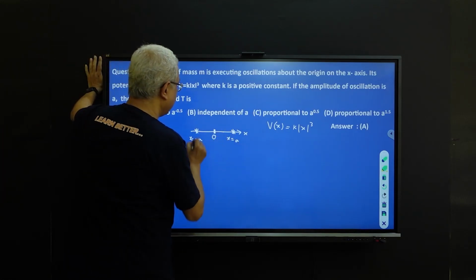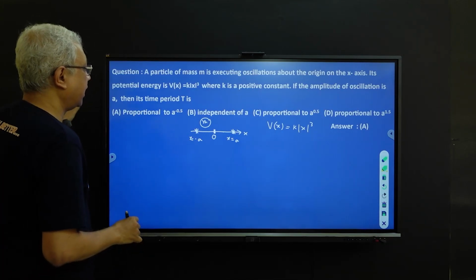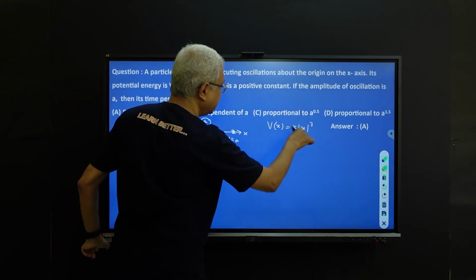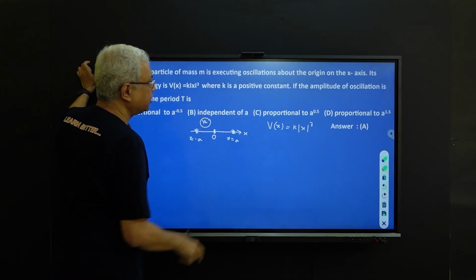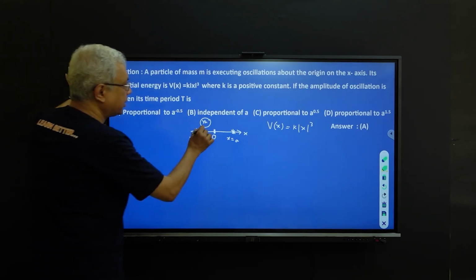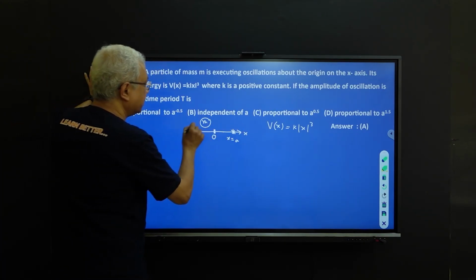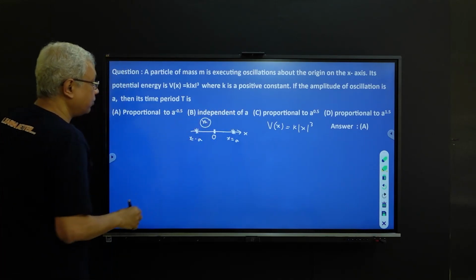Then the mass of the particle is m, and the potential energy is given by this. Now, there is an easy technique to solve this particular problem. We will use the dimensional method to solve this problem.